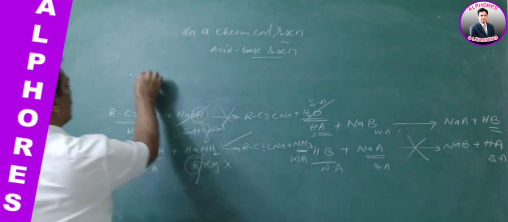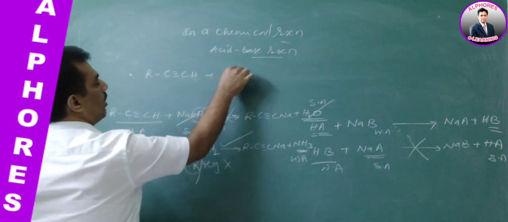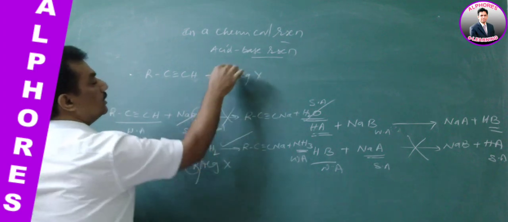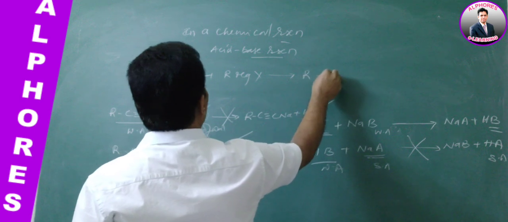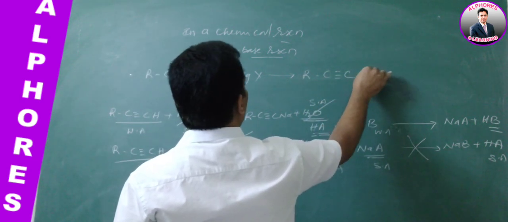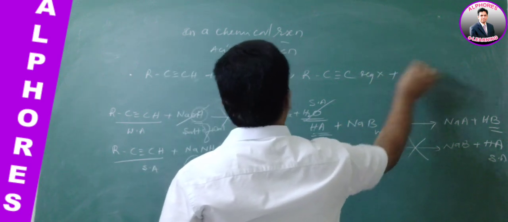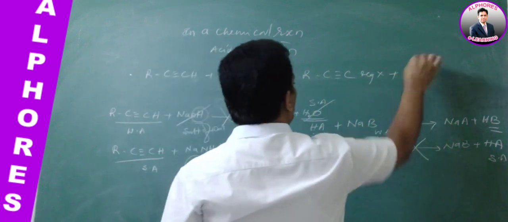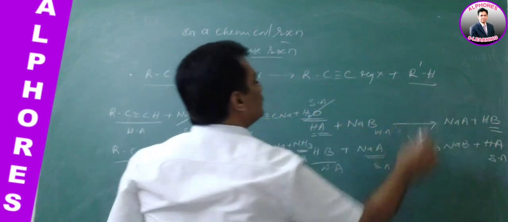When RCCH plus RMgX react, it gives RCCMgX plus RH. That is, let us consider this R bar. This is the acid and this is the acid.